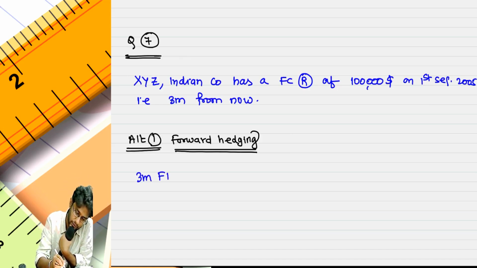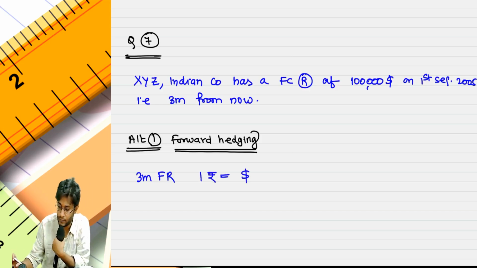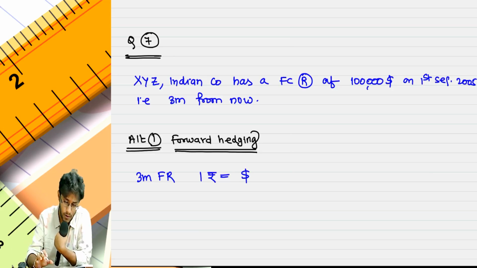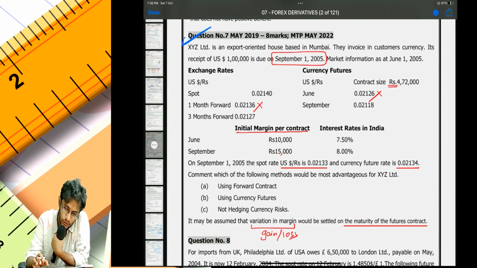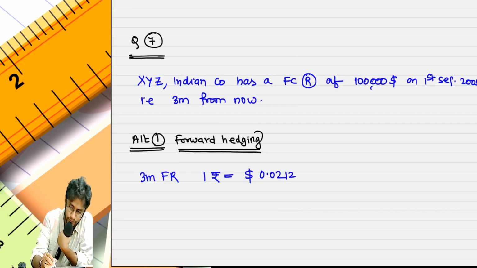The 3 months forward rate: 1 rupee is equal to $0.02127. $1 lakh, write it below dollars and convert it.